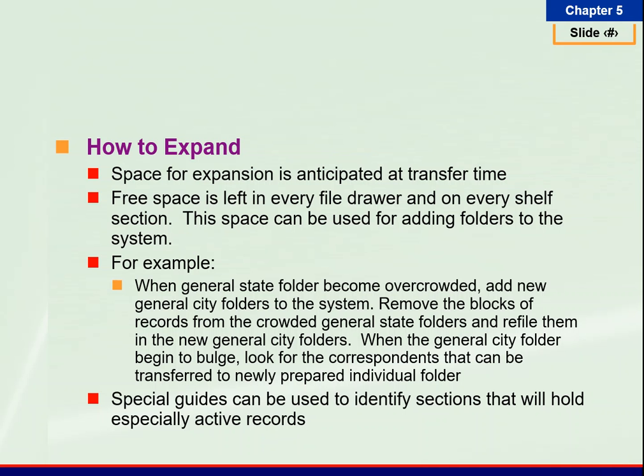For example, when a general state folder is overcrowded, add new general city folders to the system. You need to remove the block of records from the crowded general state folder and refile them in the new general city folders. When the general city folder begins to bulge, look for the correspondence that can be transferred to a newly prepared individual folder.